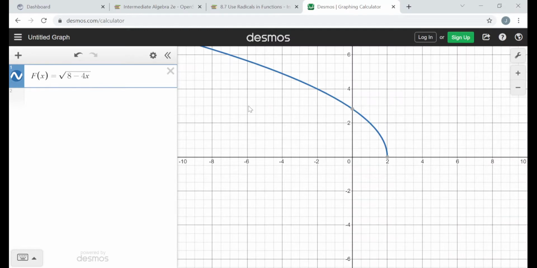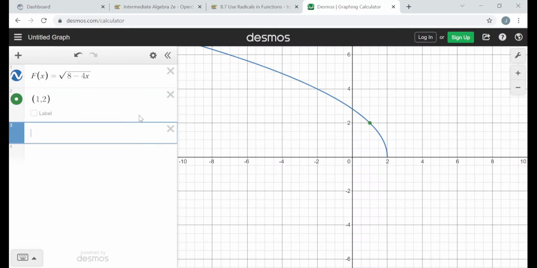But let me put in these other points that we got from part A and part B of this question. We said when the input was 1, the output was 2, (1, 2). And there it is, that green point that just showed up, and you see it's on the graph for certain.